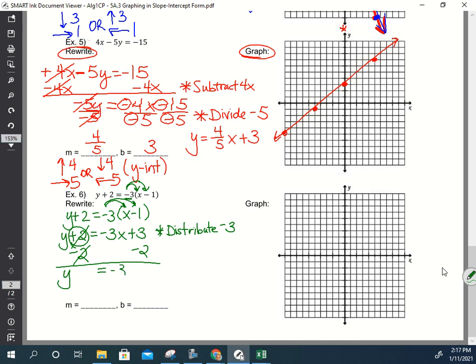So that's y equals -3x plus 1. Any questions before we continue? Not seeing none, not hearing none. So let's keep going. What's the slope?